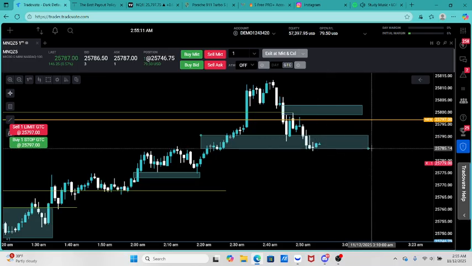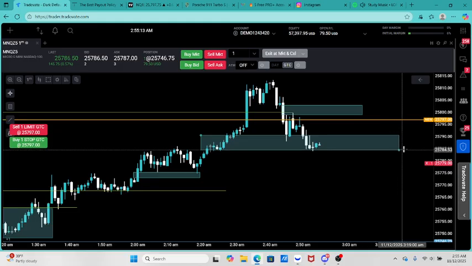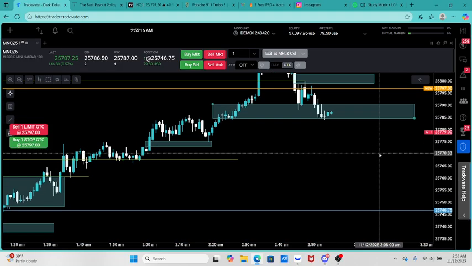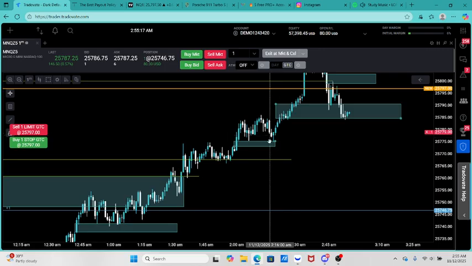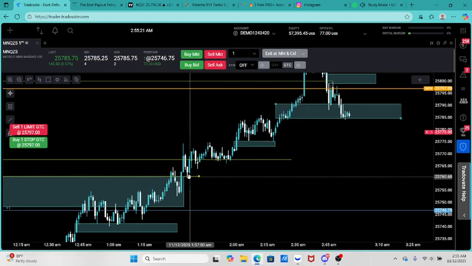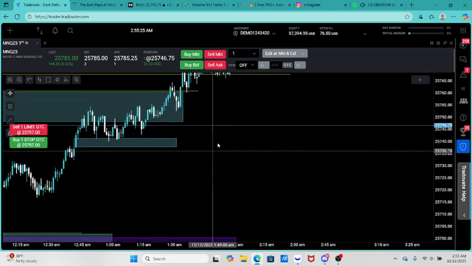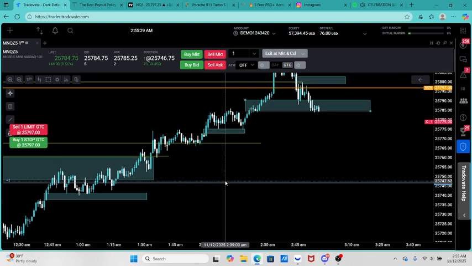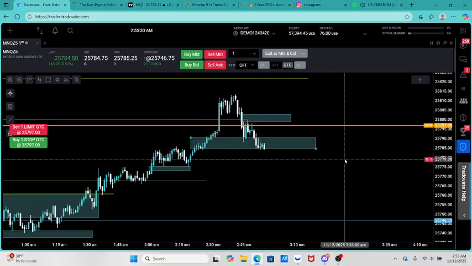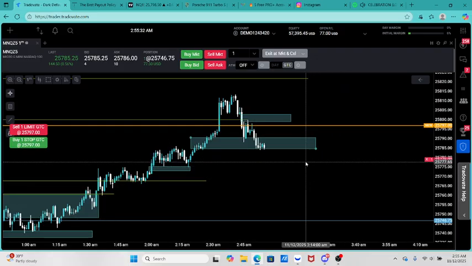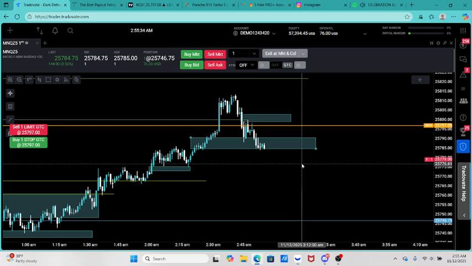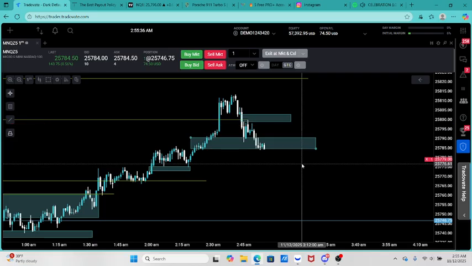It's just unlikely for it to come up from here. We still have lows right here to be taken, and these lows, and these lows. But you never know. If it does, man, I'm getting out at 800 this time.